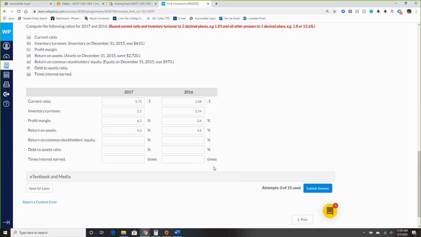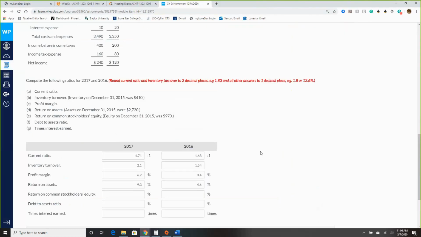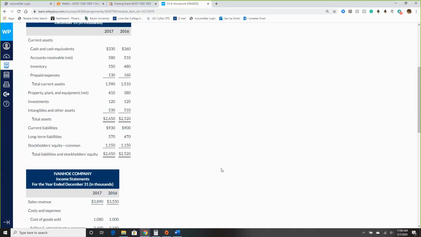Next is return on common stockholders' equity. So again, we don't have any preferred. They're keeping off of the preferred dividends and only doing net income, basically divided by our average equity. So again, we know it's 970.